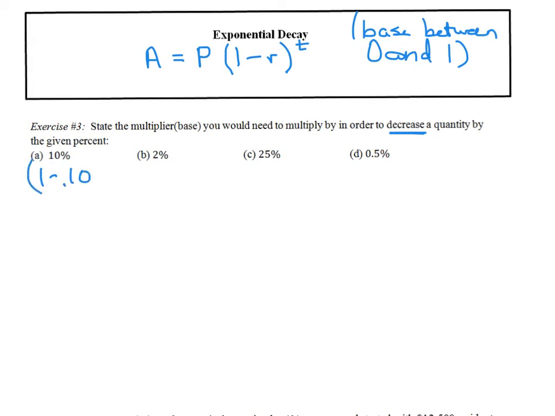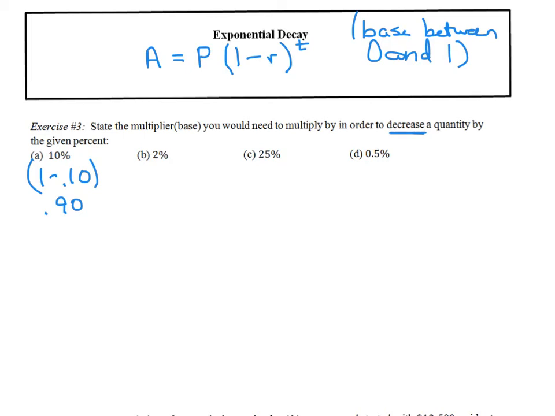Now let's do that subtraction, 1 minus 0.10, and I see that my multiplier turns out to be 0.90.